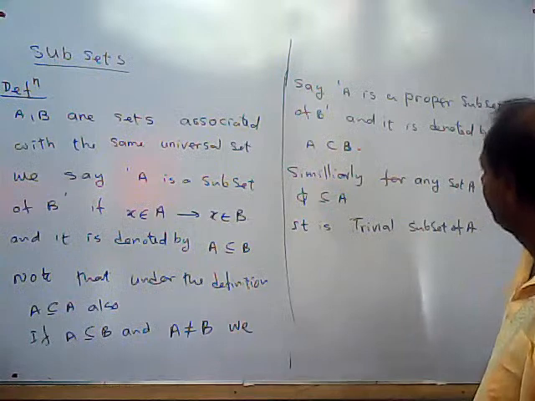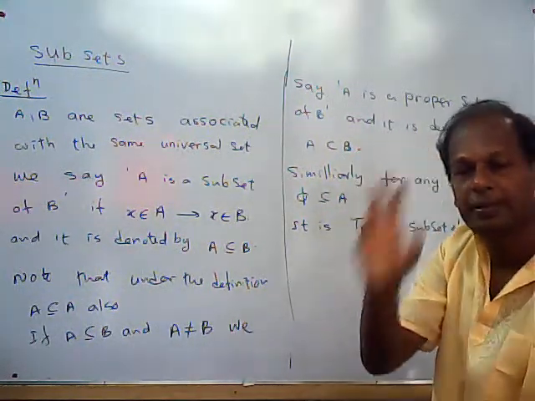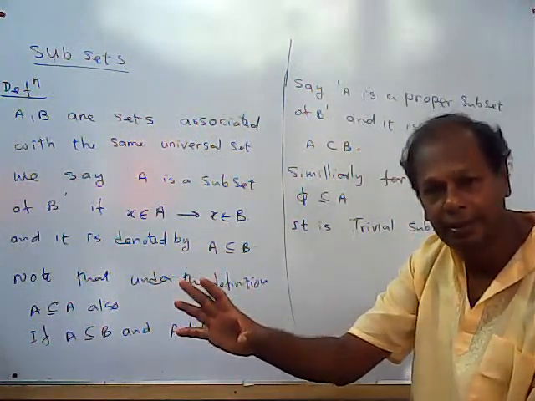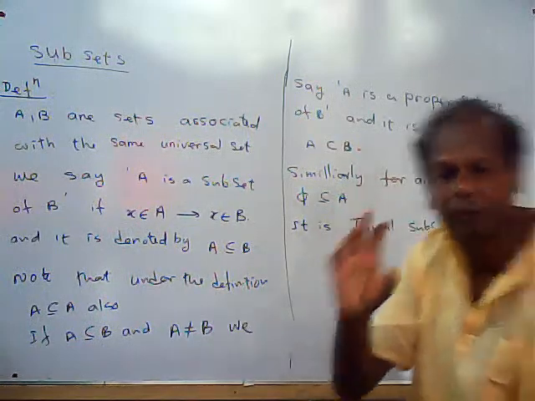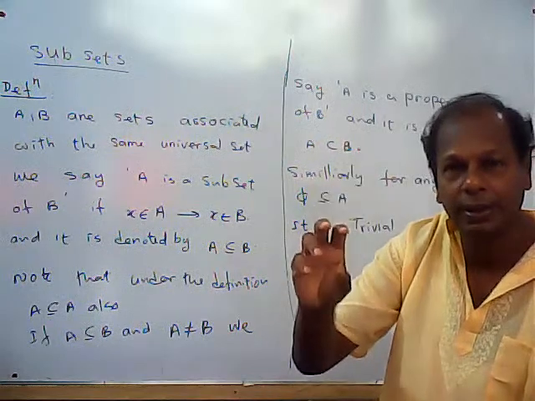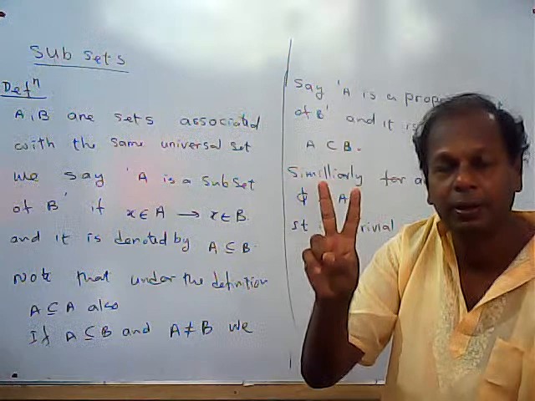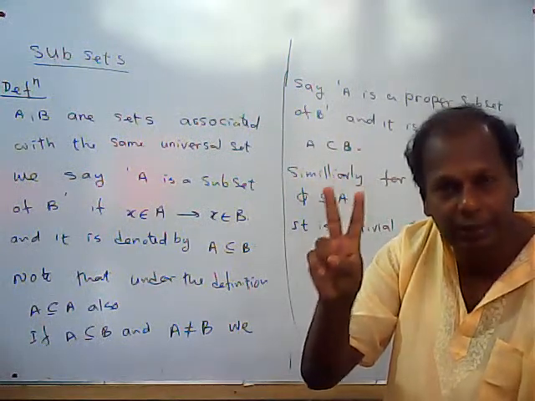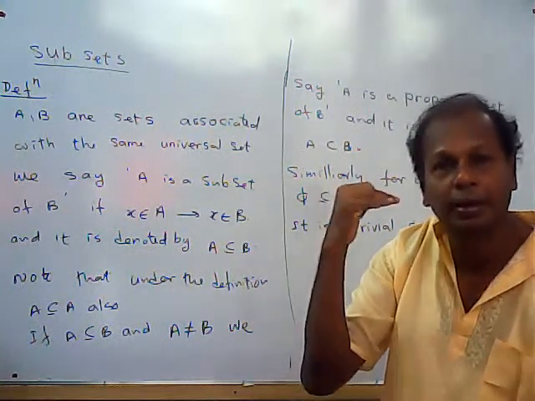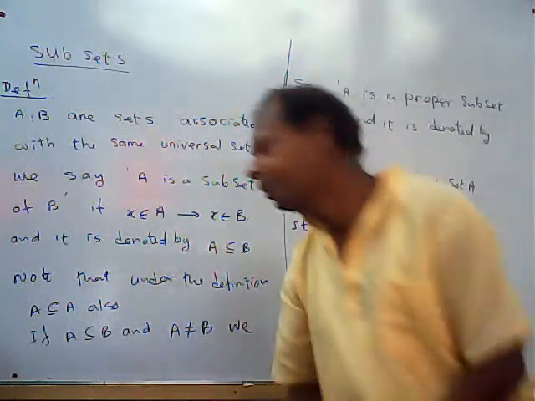So this is the important thing. Given any set A, you don't need to see what the elements in that set are to give at least two subsets of that. Given some set A, without seeing the set A, you can give two subsets of the set A. They are the null set and the same set A itself, right?